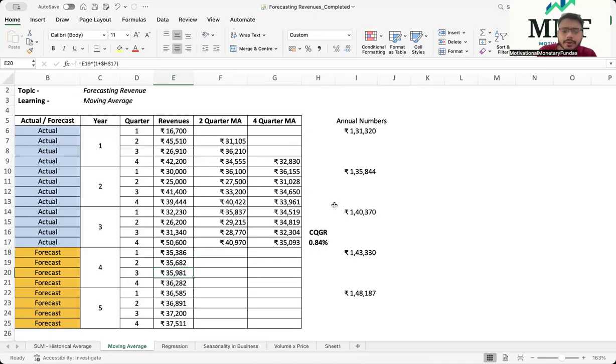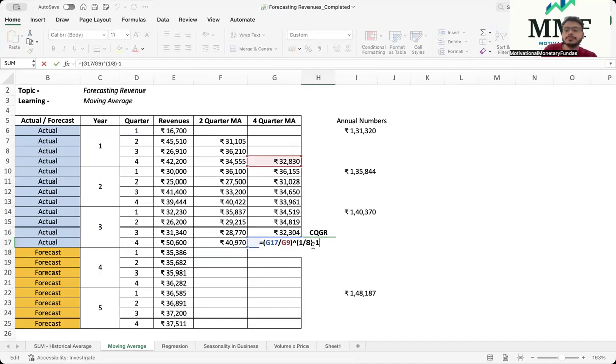Now I've simply calculated something which is your compounded quarterly growth rate, CQGR. We all know what is CAGR, compounded annual growth rate. We also know the formula for CAGR. I taught the CAGR formula in the PEG ratio, when we were talking about the PE ratio and the PEG ratio. That's your final value divided by the beginning value, whole to the power of 1 by time period minus 1, 1 by n, minus 1.